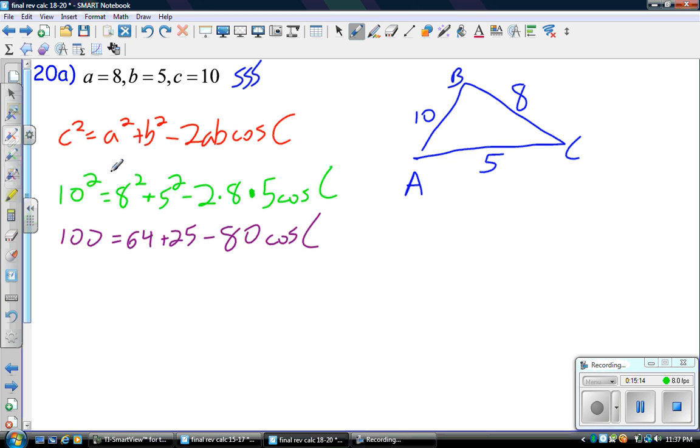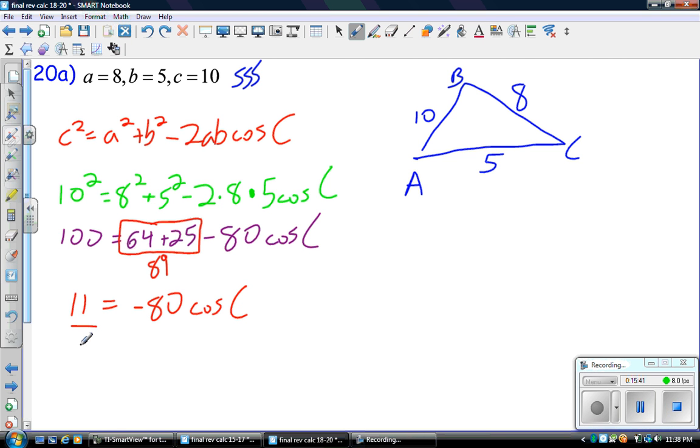Now think, what would I have to do to get this isolated? Let's add these together. That would be 89. Now I do 100 minus 89, which would be 11. So I minus the 89 off, and 11 equals negative 80 cosine of C.